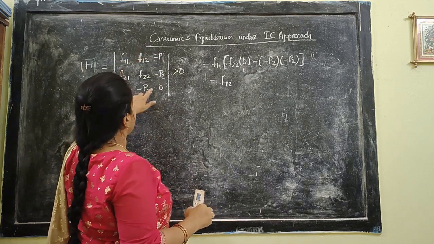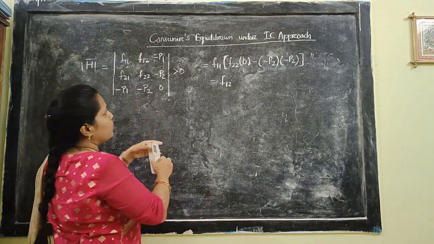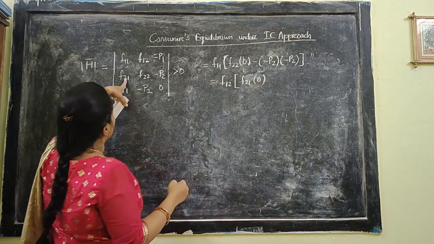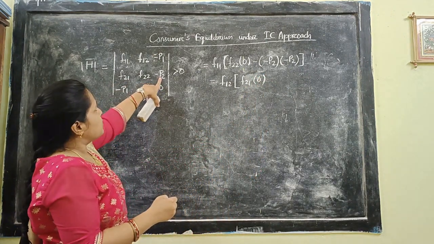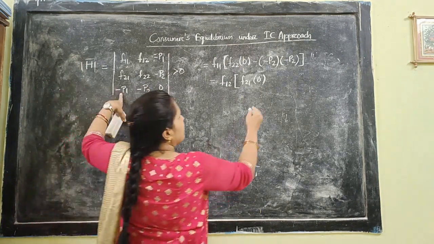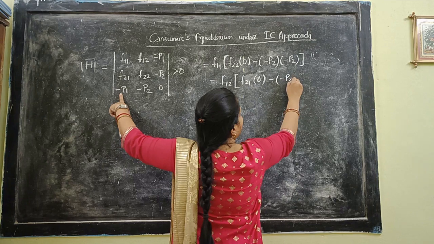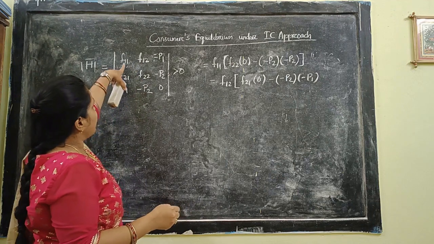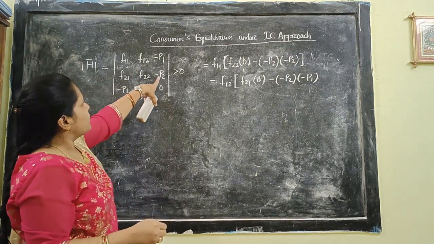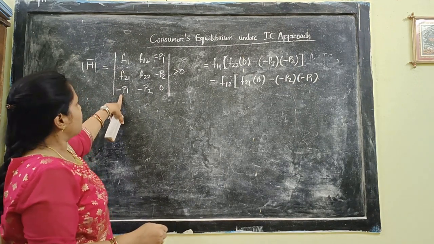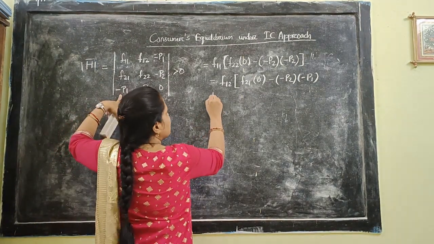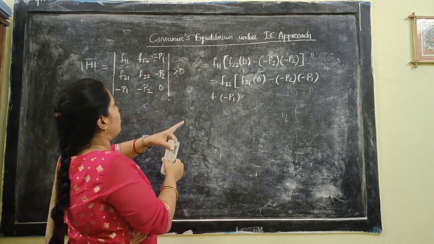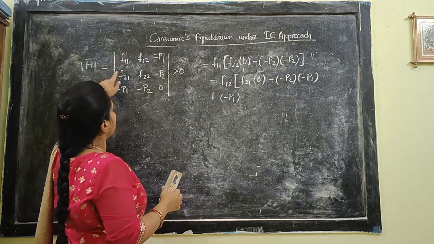So what is left is F21 into 0, minus P2 into minus P1, then plus minus P1. Now I am omitting this column and this row. So what is left is this one.